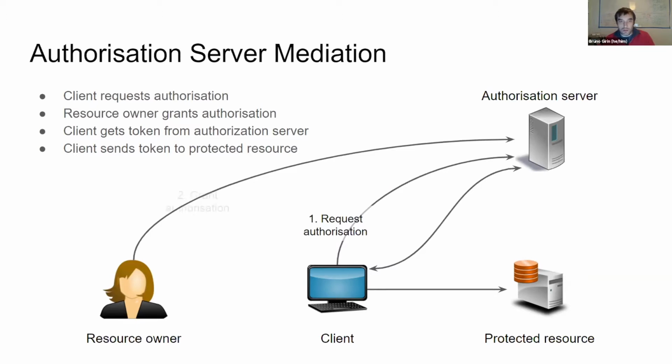You then grant the authorization by communicating directly with the authorization server and telling it, yes, I allow this app to access this protected resource. And the authorization server then gives the app an access token that the app can use to access the protected resource. So that's the overall design.